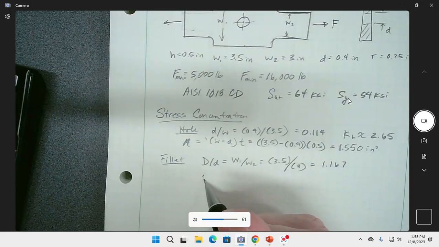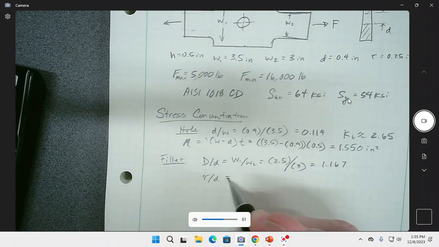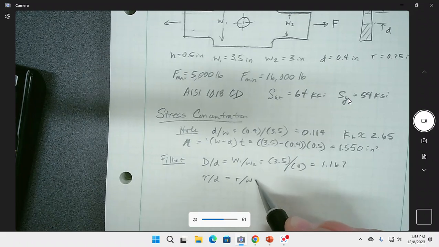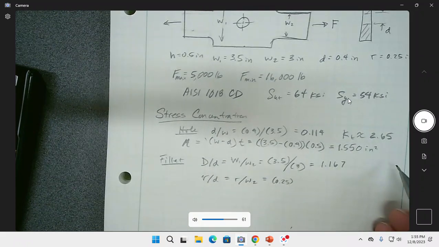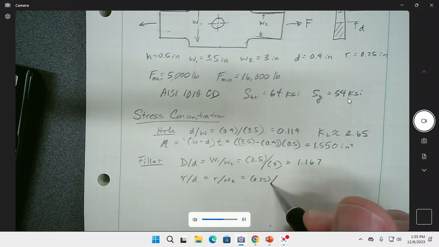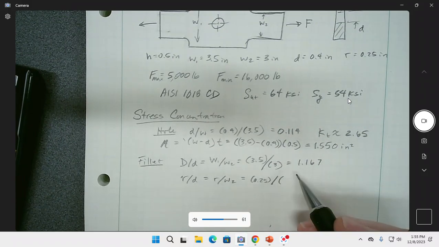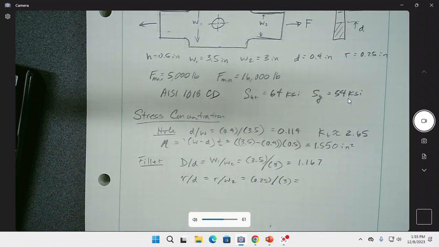And we need R over D, R over W. Oh no, it's going to be the smaller of the two. And they said that R was 0.25. Look there. And we're going to divide by 3. What's that?